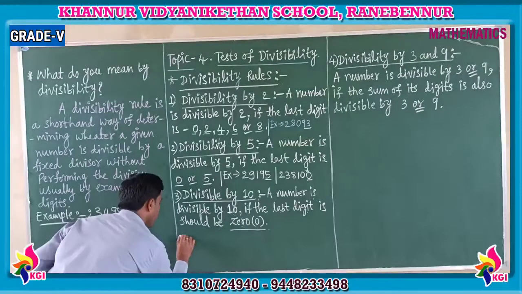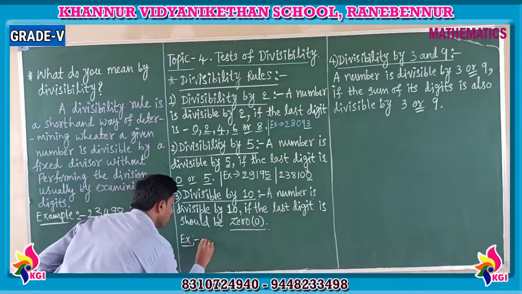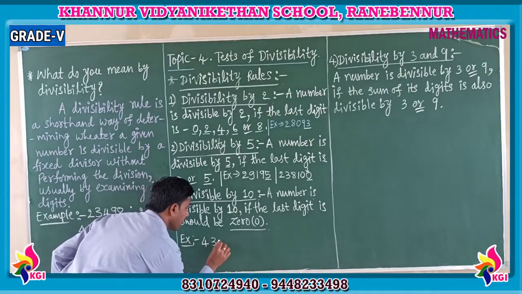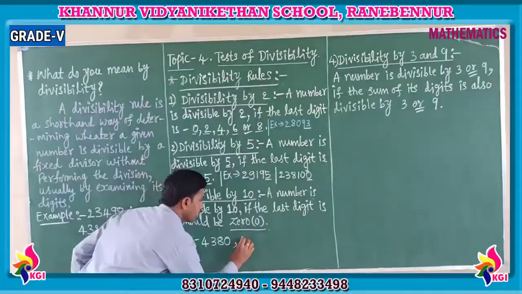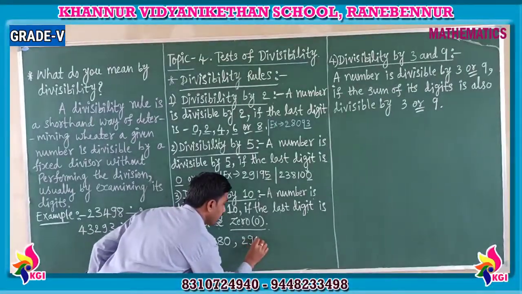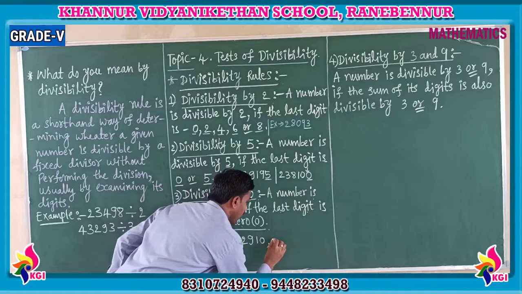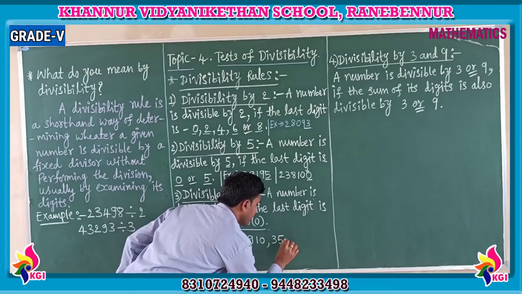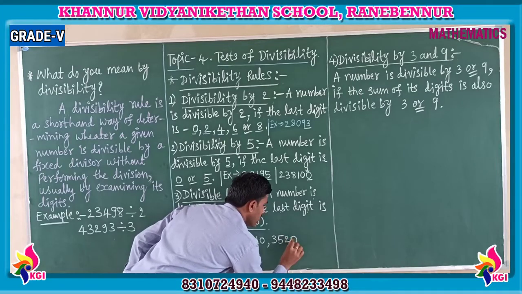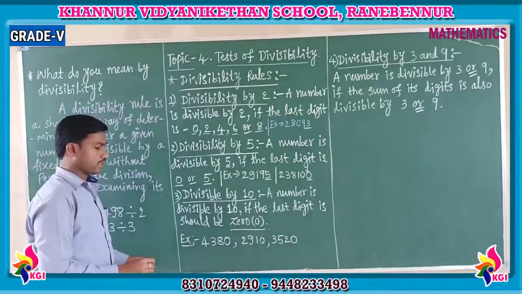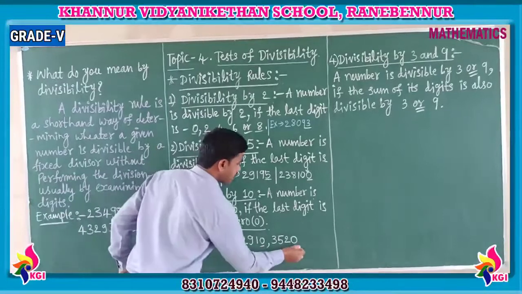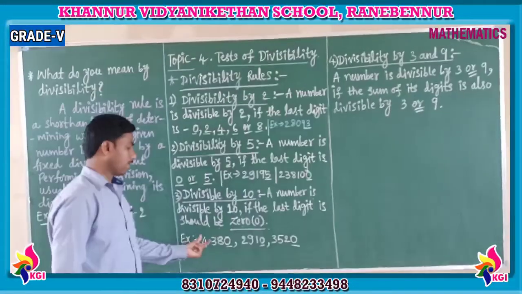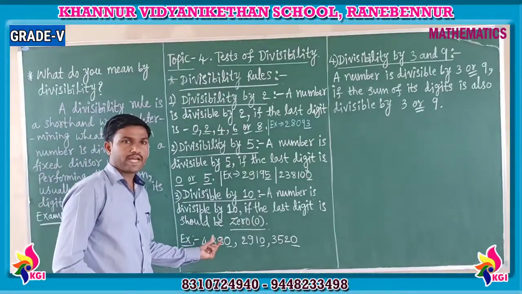Like these examples we can see here: 4,380, 2,910 and 3,520. In the last digit 0 is always there, which means these numbers are divisible by 10.